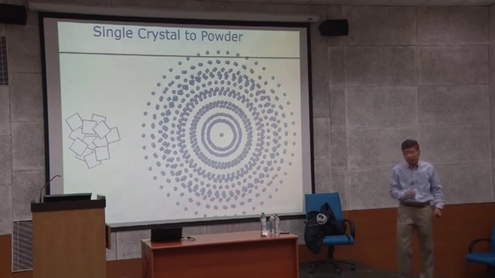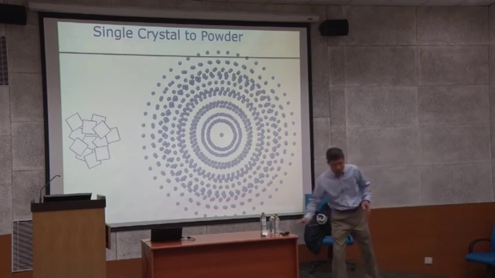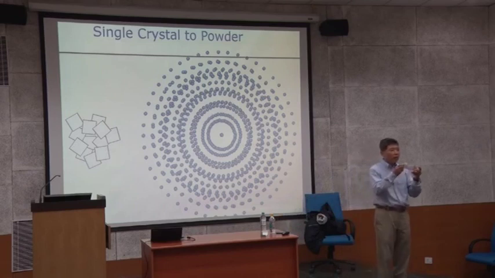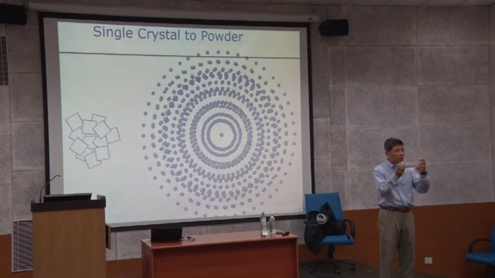See? A sphere. So what this means is that one grain, a single crystal like this, has a vector endpoint here. But if your grains have all possible orientations, then the endpoints of this vector form what? A sphere. Okay?